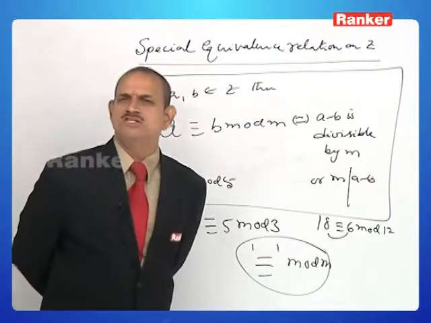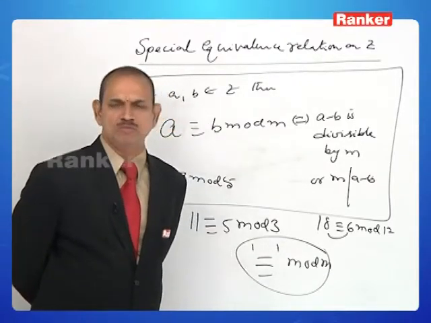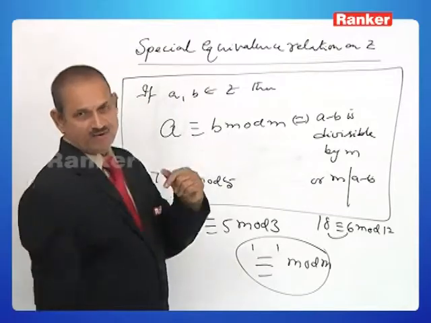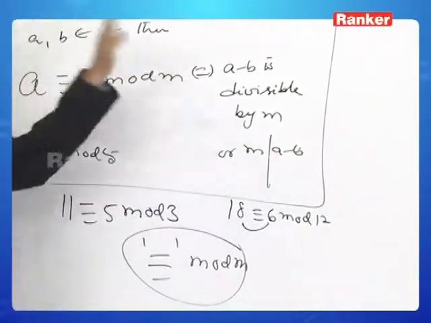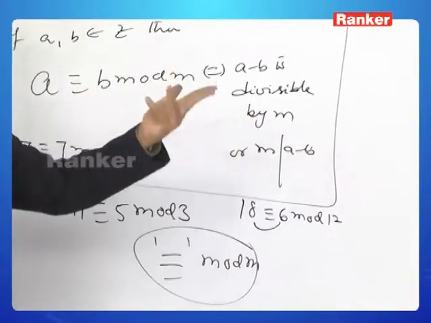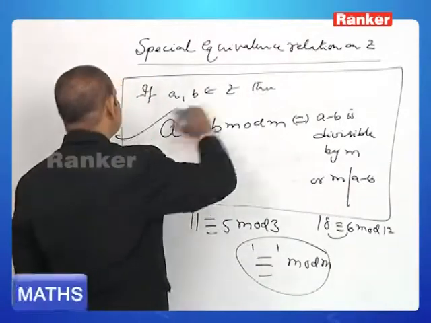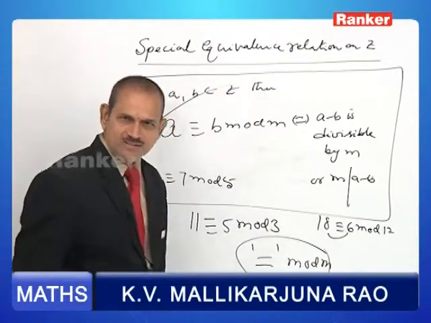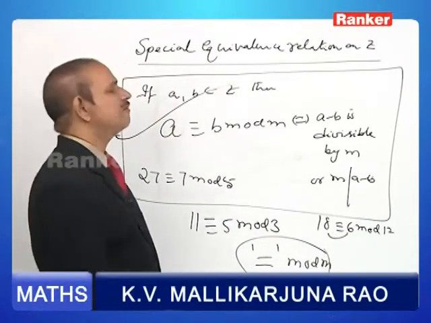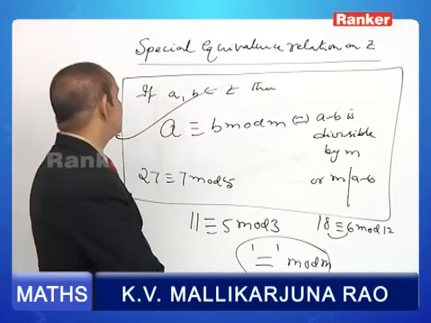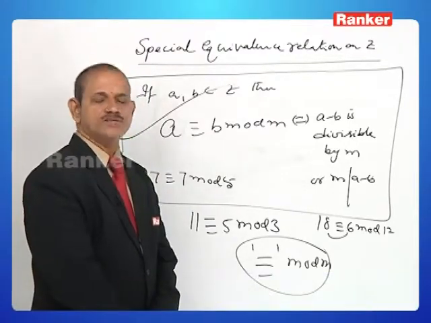If a minus b is divisible by m, then b minus a is divisible by m. So it is symmetric. If a is congruent to b mod m and b is congruent to c mod m, then a is congruent to c. Yes, of course, it's transitive. Hence, it is an equivalence relation. This is a very famous equivalence relation on the set of integers, and it is known as the special equivalence relation on the set of integers.